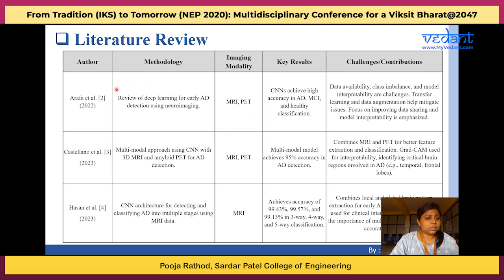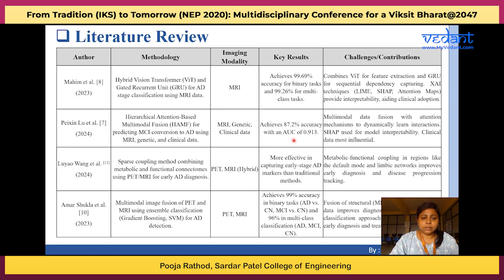Some of them just detect the stages, some of them make a fusion of MRI and PET, and they try to get more and more efficiency. I also explain all this literature in detail in my review paper.